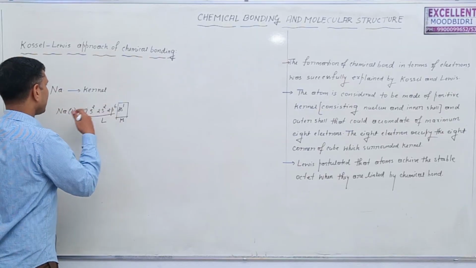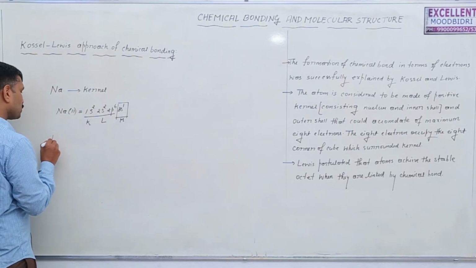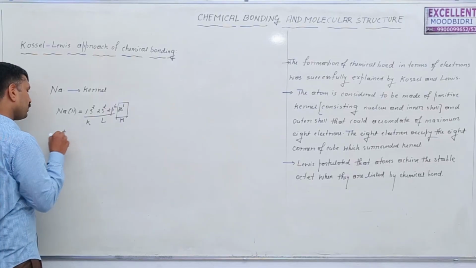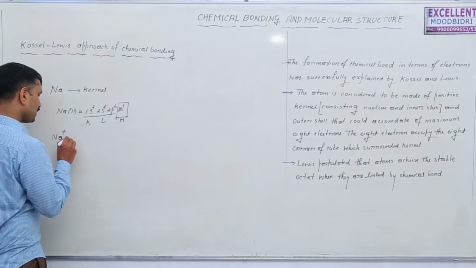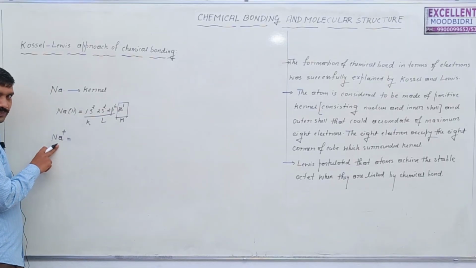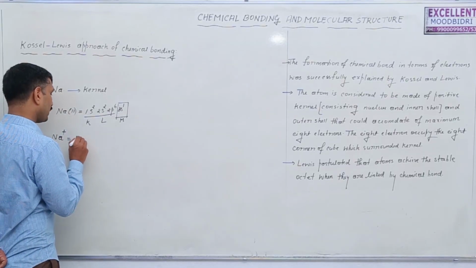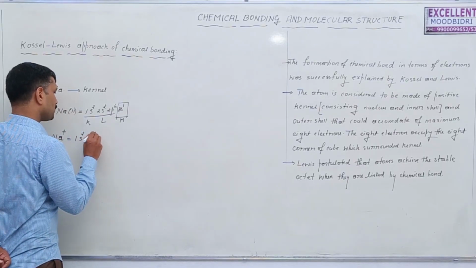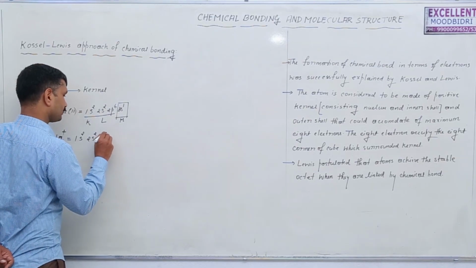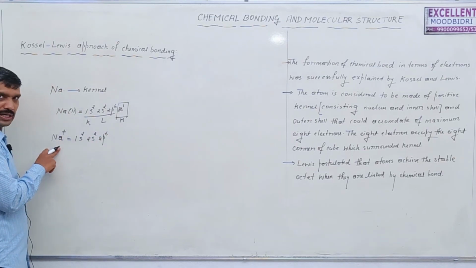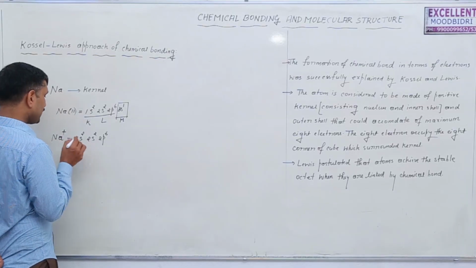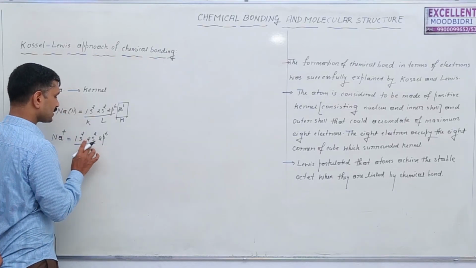So in general, I give one more example here. For example, the sodium ion, Na plus. The Na plus ion has one electron less, so the configuration is 1s2, 2s2, 2p6. So here the kernel means nucleus plus inner shell.